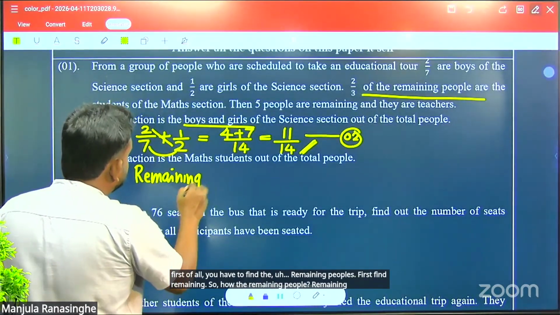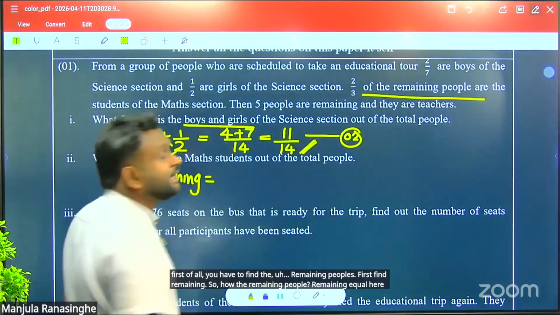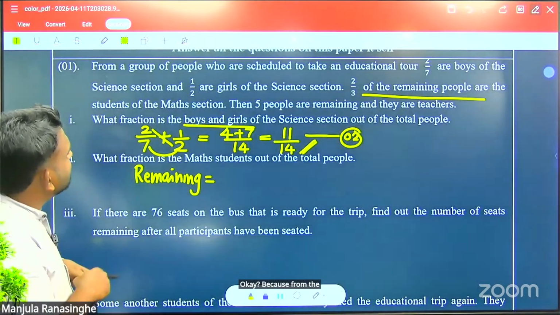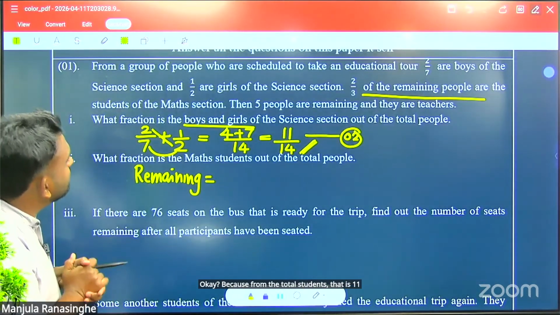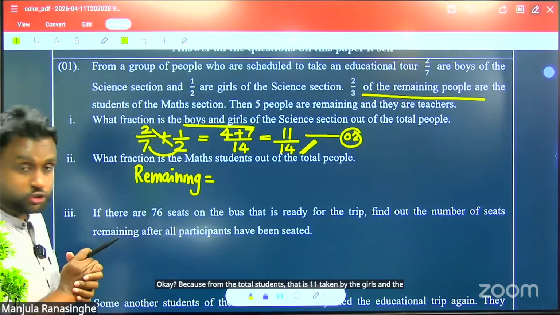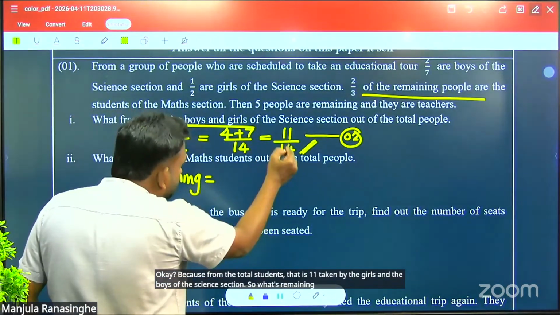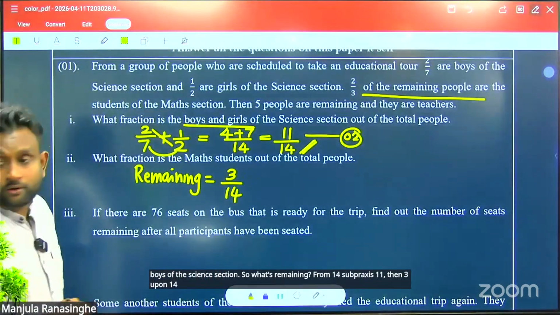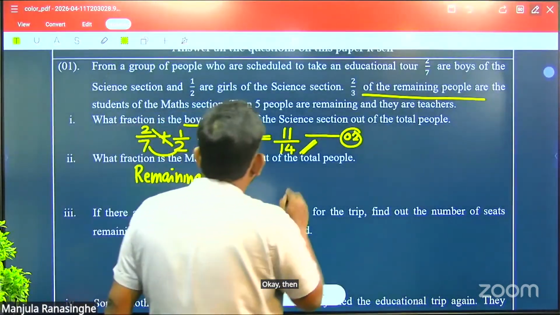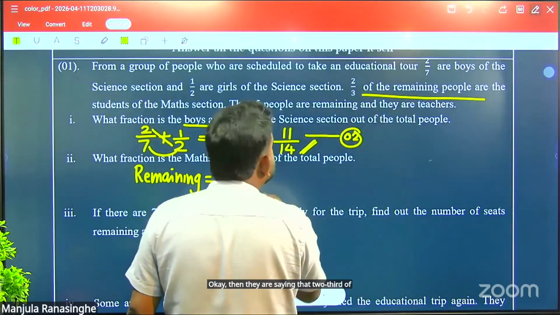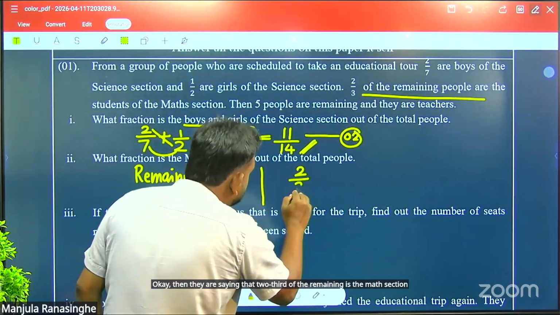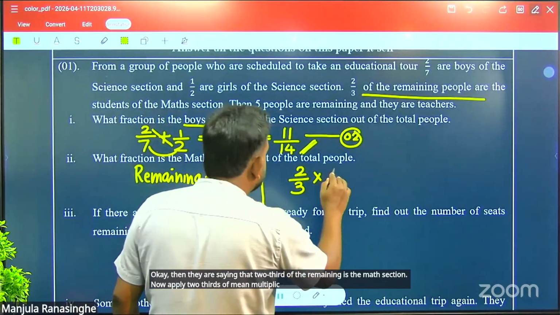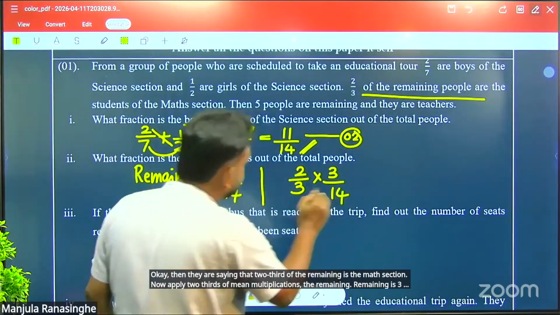Remaining equals, from total 14, 11 gone, because that 11 is taken by the girls and the boys of the science section. From 14 subtract this 11, then 3 upon 14. Then they are saying that 2/3 of the remaining is the math section. Now apply 2/3 of, which means multiplication, the remaining is 3/14.